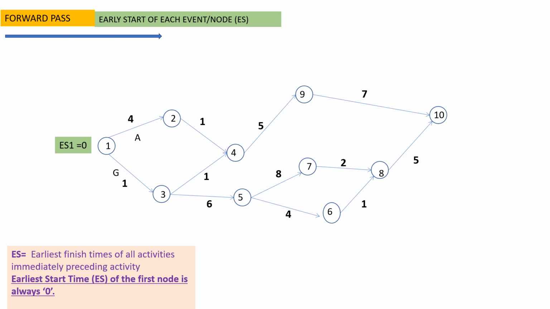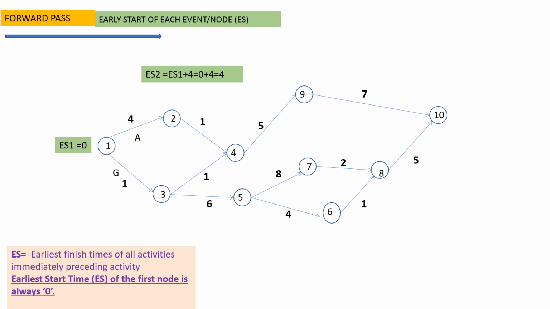Now we proceed to calculate early start of event 2. So early start of event 2 would be early start of the previous node. Which is the previous node here? It is node 1 plus the duration of the event, which is 4.